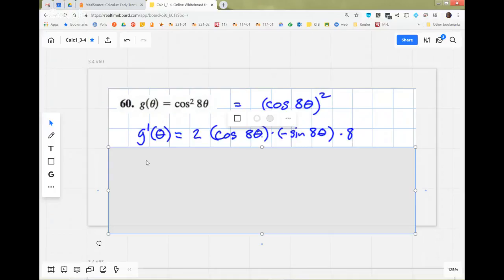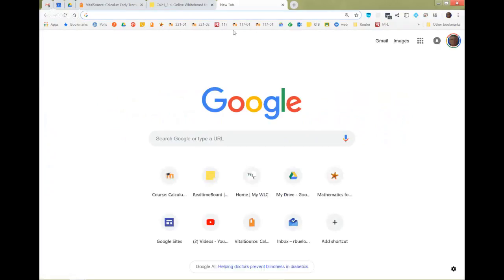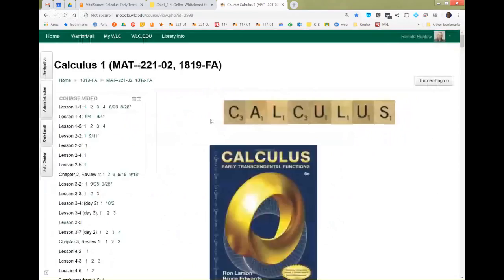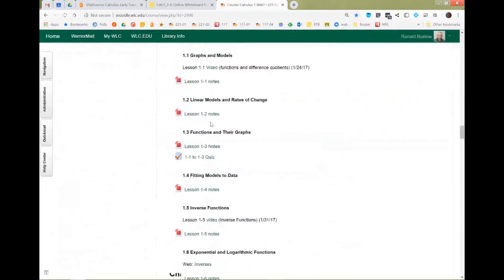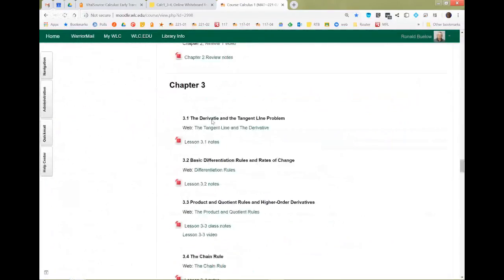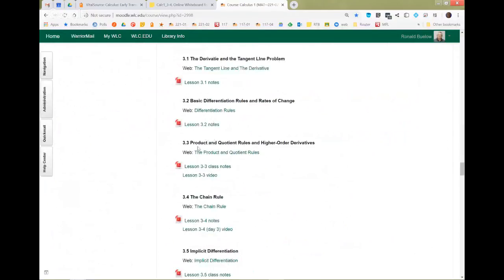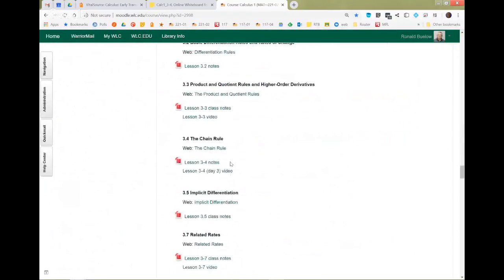I believe they're available for the most part. So for example, if you go to the website, which I'll do real quickly here. And then if you go down to section, well, what are we on? Lesson 3.4, right? 3.4, the chain rule. Notes.